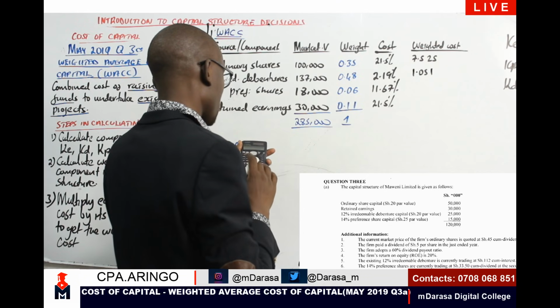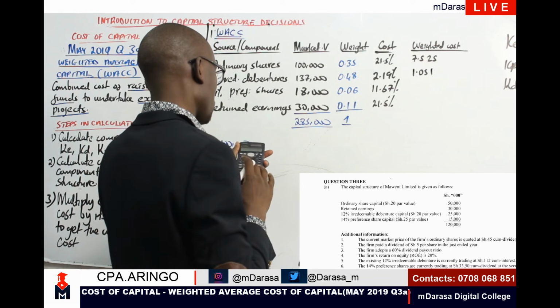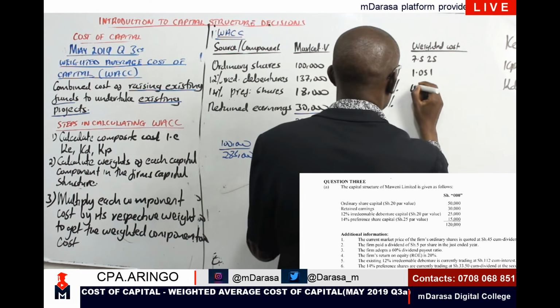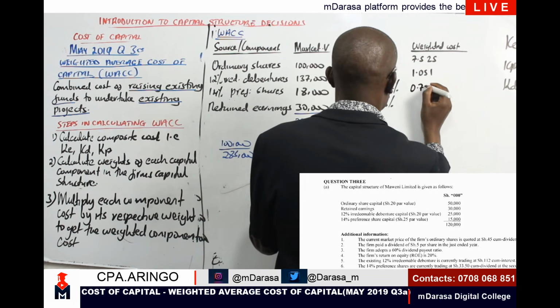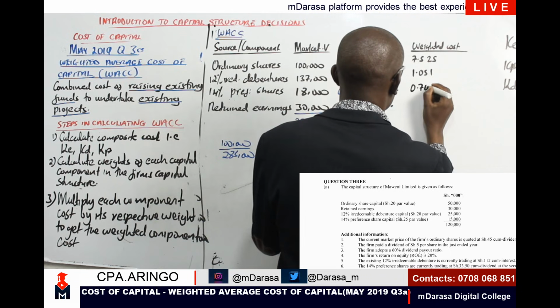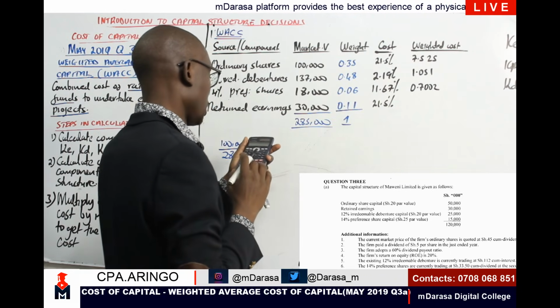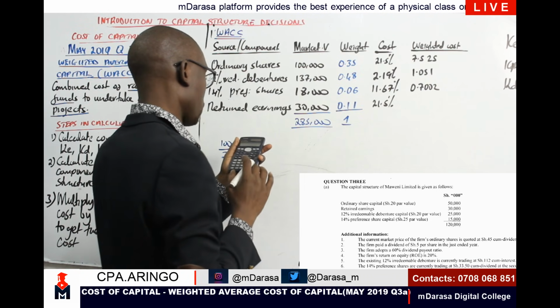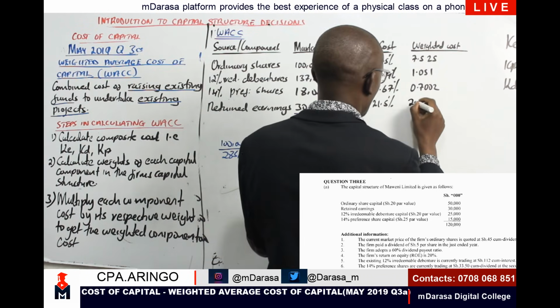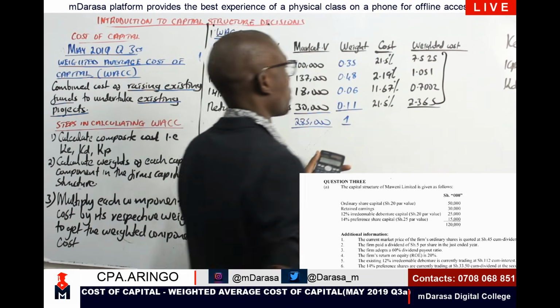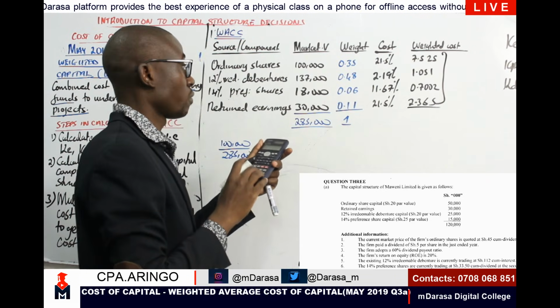Then 0.06 by 11.67, 0.7002. Then 0.11 by 21.5, that should give me 2.365.